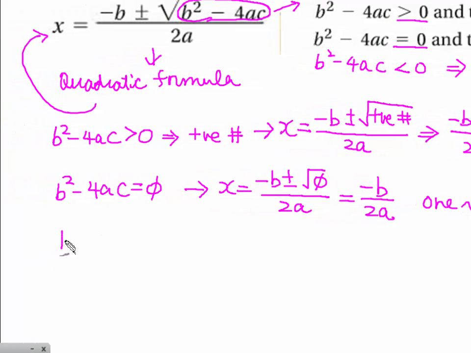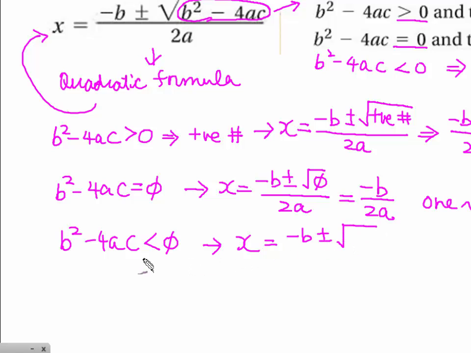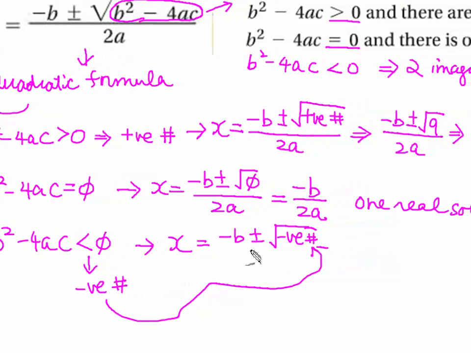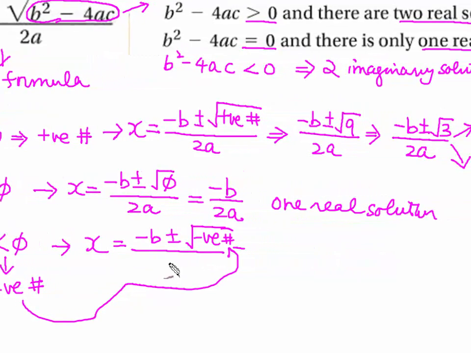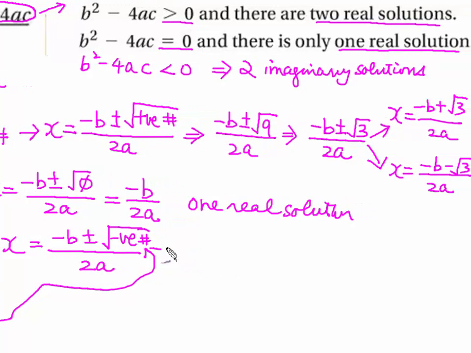The last one is b squared minus 4ac less than 0. Let's put it back into the quadratic formula and we'll see what happens. Right now, because it's less than 0, that means it's a negative number. So we put this negative number here over 2a. When we take the square root of a negative number, it will give us an imaginary number.